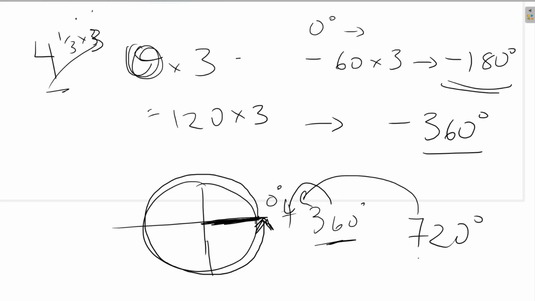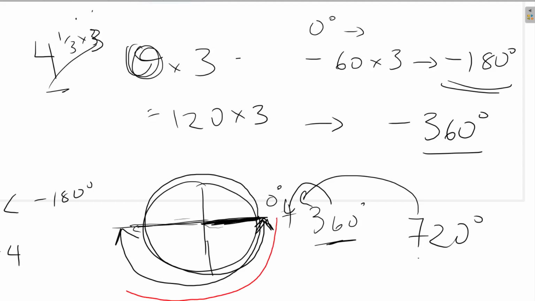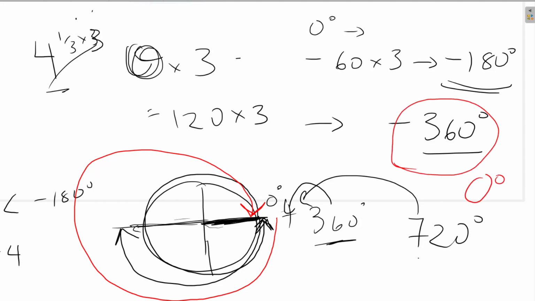So negative 180 degrees means that we are going counterclockwise from the positive x-axis. This is not what we want. 4 angle negative 180 degrees is the same as negative 4, and that's not what we want. But we have 4 angle negative 360 degrees. We are going one whole circle counterclockwise and still end up at 0 degrees, so negative 360 degrees is the same as 0 degrees.